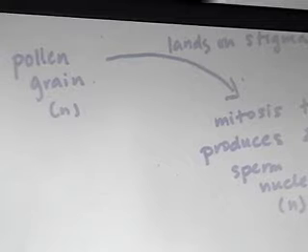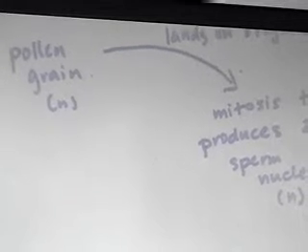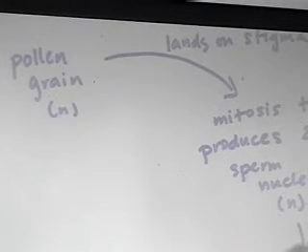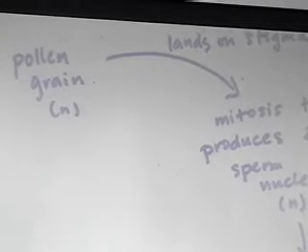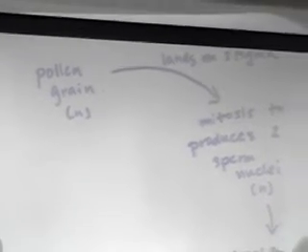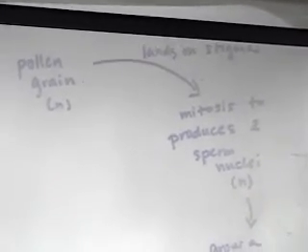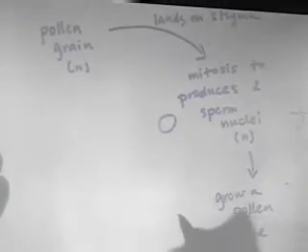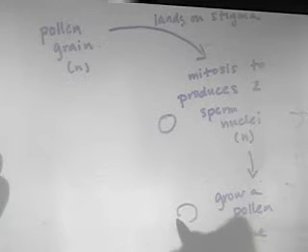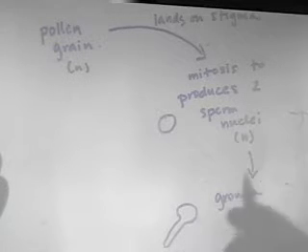But what happens then is it also starts to dig its way down to the female gametophyte. So now it starts to grow a pollen tube. Okay, so it looks something like this. Originally our grain was just like this, right? The pollen grain now starts growing a little projection called a pollen tube.